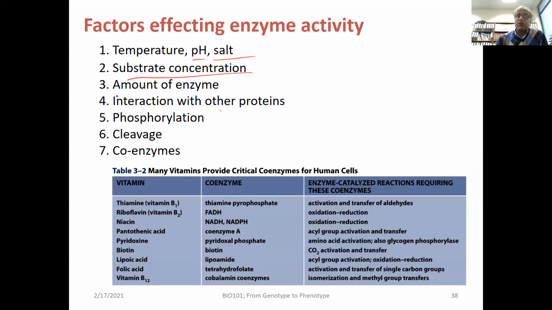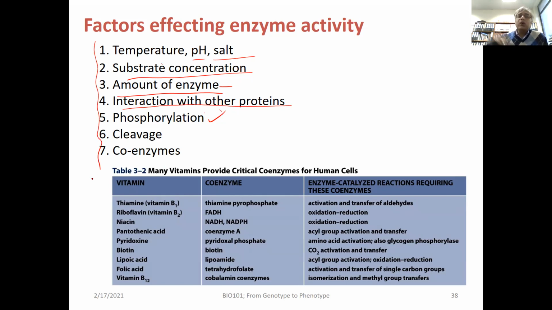Amount of enzyme, if it's limiting, then again it will affect the catalysis. Then the interaction with other proteins, post-translational modification like phosphorylation. Maybe some enzymes require phosphorylation to be active. Okay, so these are different factors that affect the enzymatic activity.